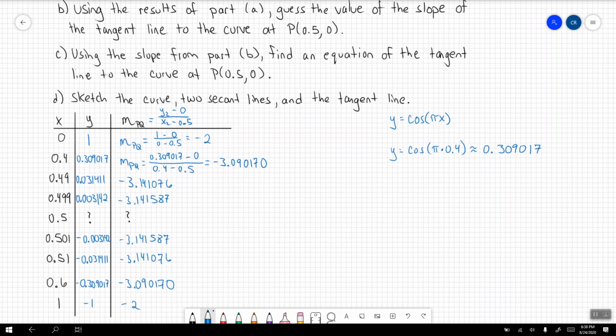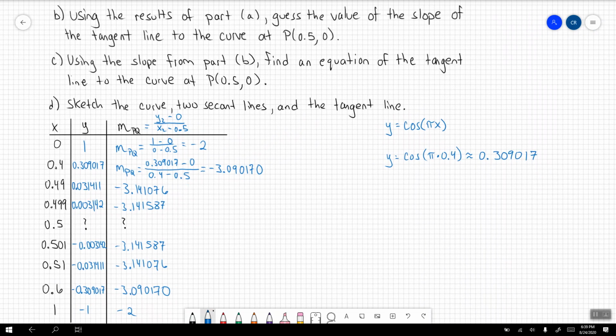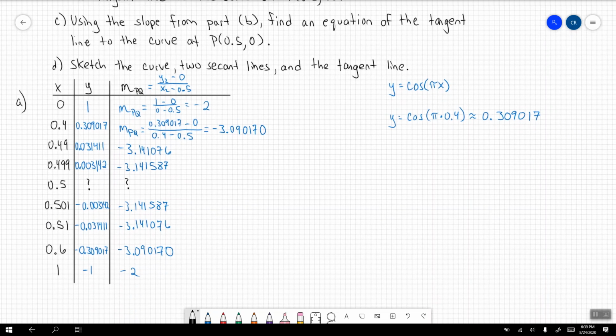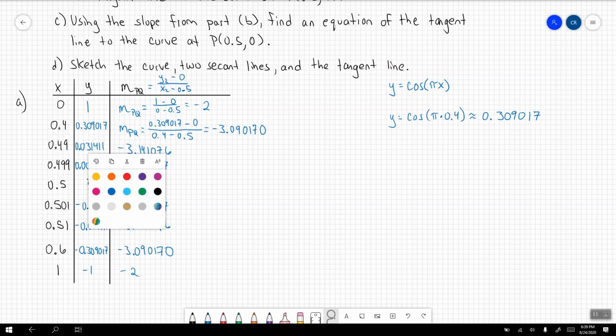Now in part B is now asking us, and let me just notify that this is part A. Part B is asking us to guess the value of the slope of the tangent line at the point P, which is 0.5, 0. So in other words, we want to guess this particular value. That's the value we want to guess.